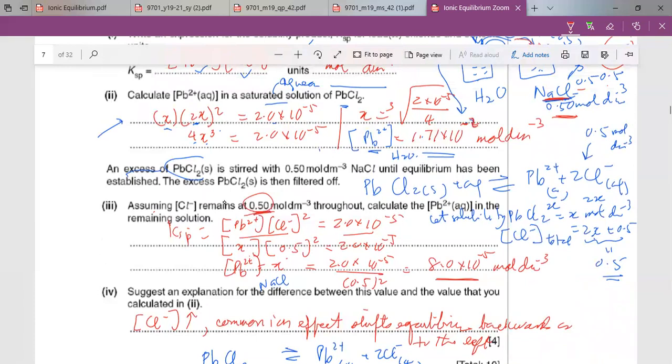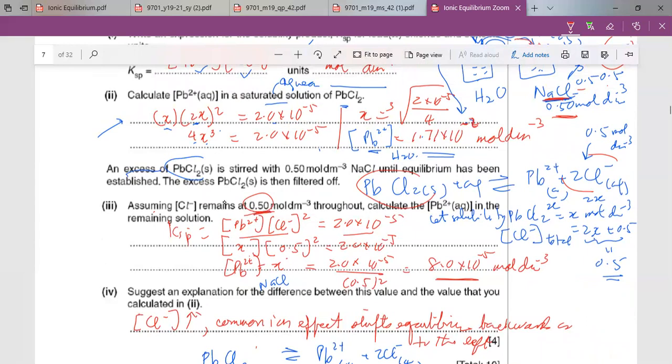Suggest and explain the difference in this value. Why? Because when you put PbCl2 into water, there's no Cl- there. But when you put PbCl2 into NaCl, the increase in concentration of Cl- will force the equilibrium to go backwards. That means it becomes less soluble. So remember, when you put the PbCl2 into this, the concentration of Cl- has increased.